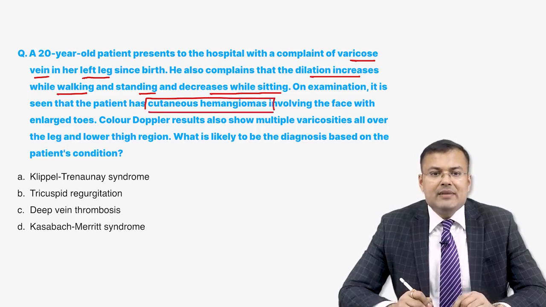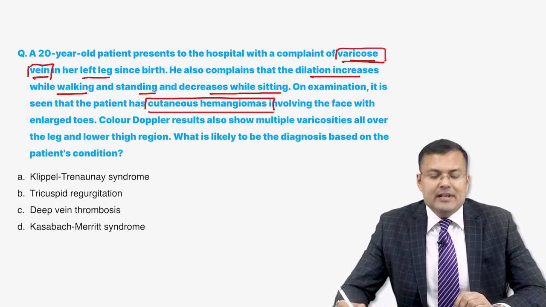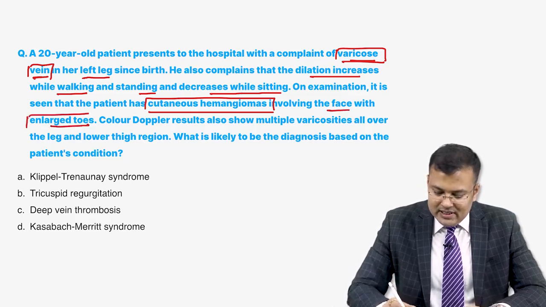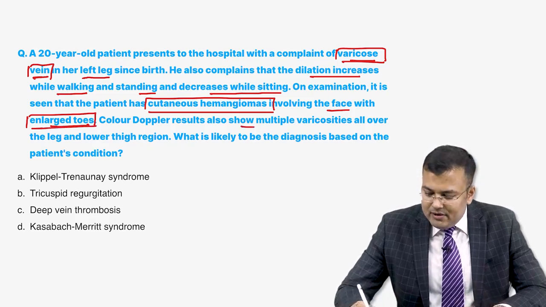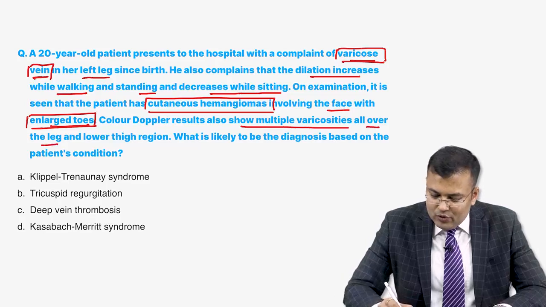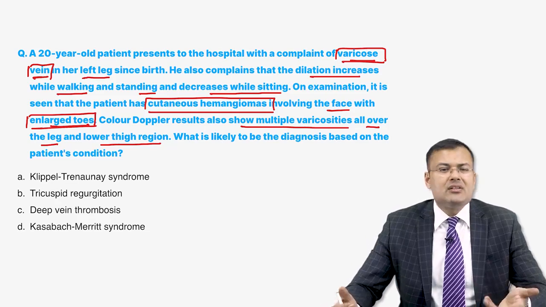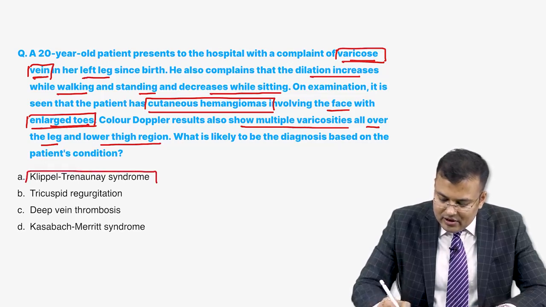Second clue is cutaneous hemangioma involving the face with enlarged toes. What you can see? Local gigantism. Color Doppler results show multiple varicosity all over the leg and lower thigh region. What is the likely diagnosis? Clear cut, Klippel-Trenaunay syndrome.